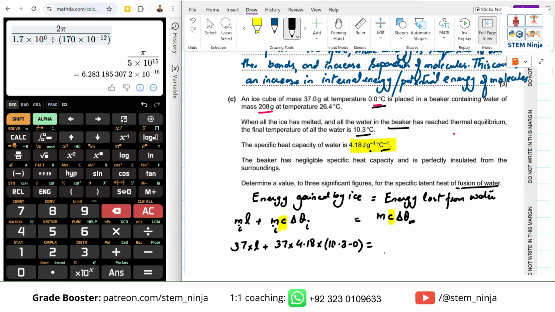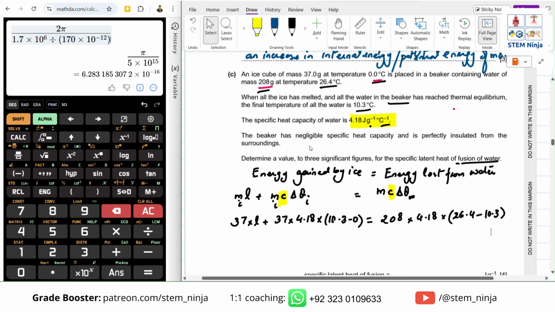From the other side, the water: mass was 208 grams, specific heat capacity is 4.18, and change in temperature of water was from 26.4 to 10.3 degrees Celsius.